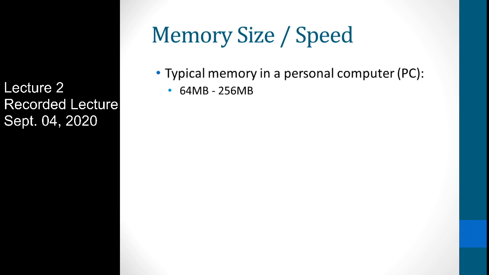Ang pinakamababa na ngayon na nakikita ko sa market, kung bibili ka ngayon ng mga laptops, is 8 gig. Yung mga memories niya, 6 gig, 8 gig, 4 gig, bibihira na. 2 gig, parang wala nang nagbebenta. Same din sa cellphone. Kukunti na yung nagbebenta ng mga cellphones na 2 gigabytes ang RAM.